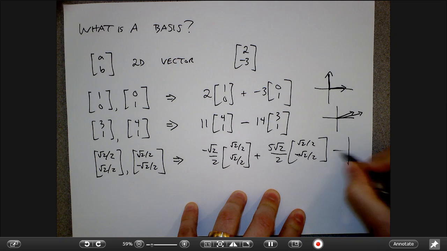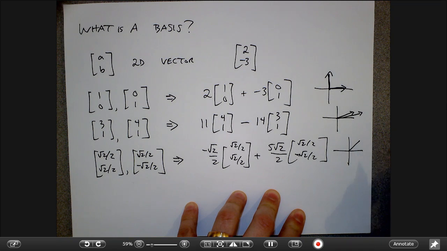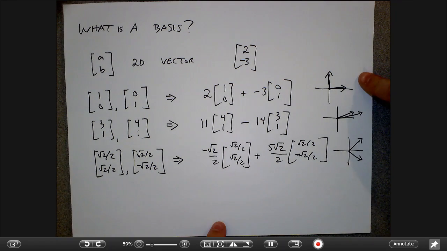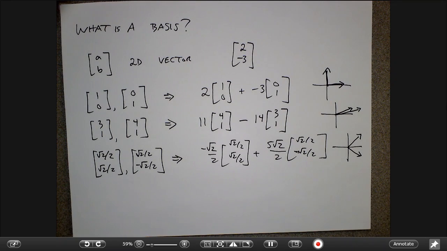And in this case, I've got a vector like this and a vector like this. You can see that in the first case and the third case, all I'm really doing is rotating the coordinate system. All of these three things are what you'd call a change of coordinates.